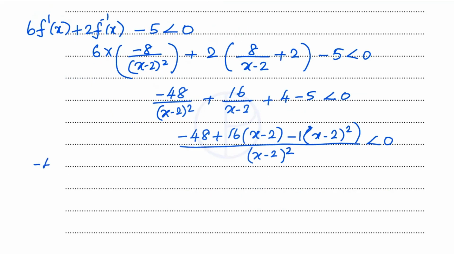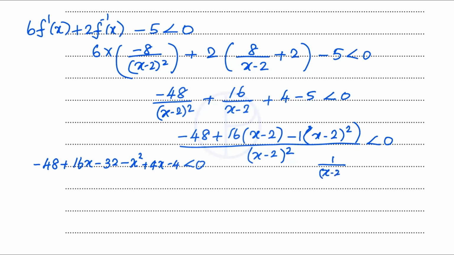So −48 plus 16x minus 32. Let's expand (x − 2) squared also: −x² + 4x − 4 is less than 0.